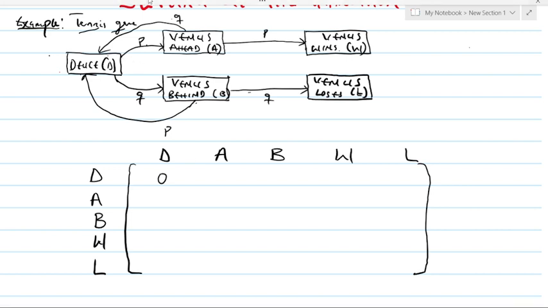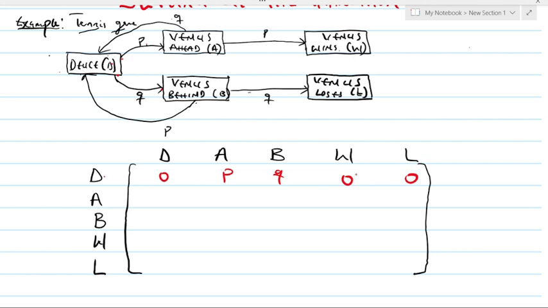Yes, we have, which is P. From D to B, we have Q. We don't have from D to W, so put 0. And we don't have from D to L, so this also gives us 0.